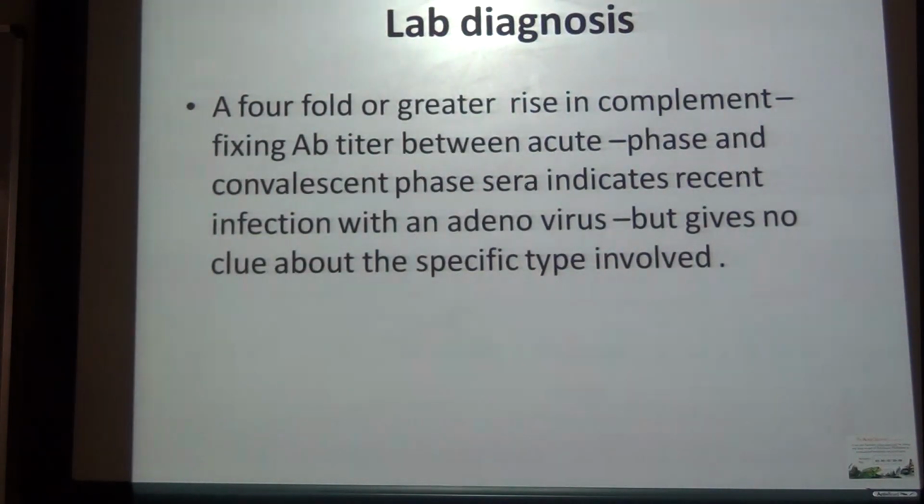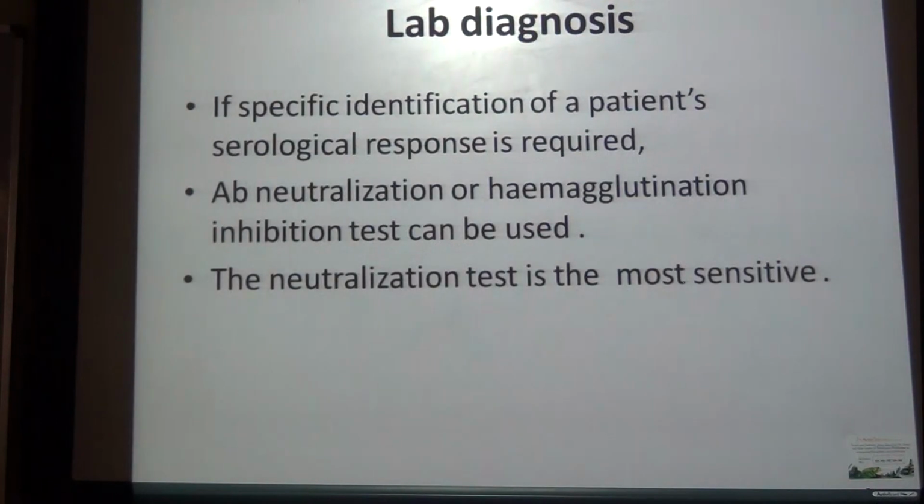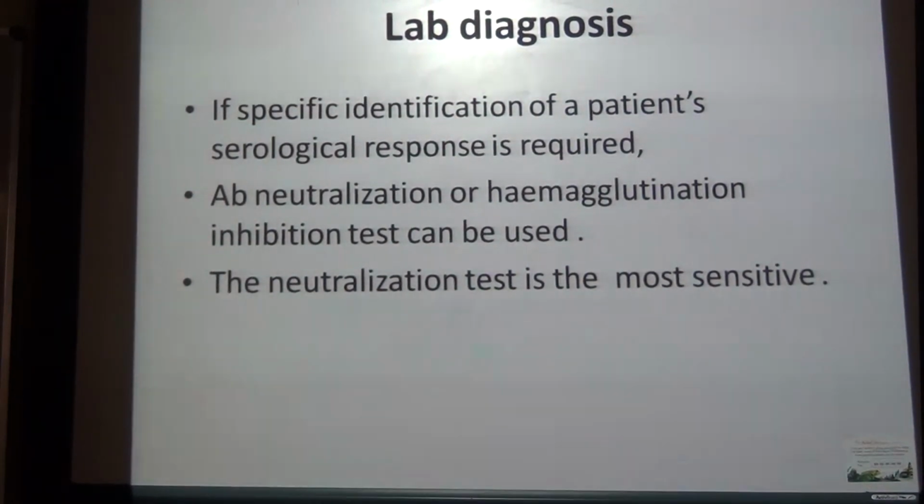When two samples are taken at different times with a week or 10 days interval and there comes a 4-fold rise, it gives the indication of acute infection. Now these antibody test methods give a clue to a group of the adenovirus infection.